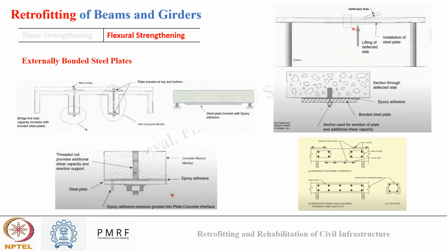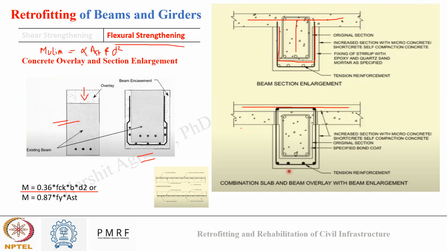Another way. Sir, there's a doubt in the previous slide. Okay, ask. Sir, in this beam section enlargement on the right hand side, the four reinforcement bars which have been provided additionally, how are we planning to tie them up? Generally in the old one we have the stirrups, the confinement reinforcement binding all those five steel bars.